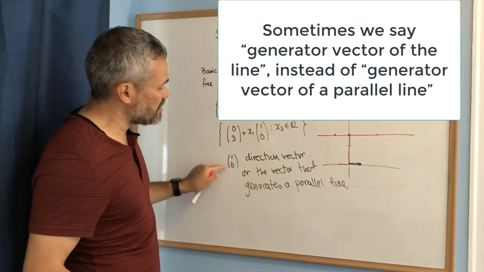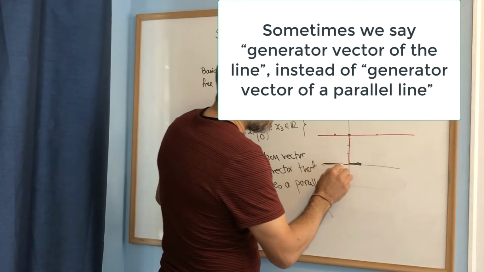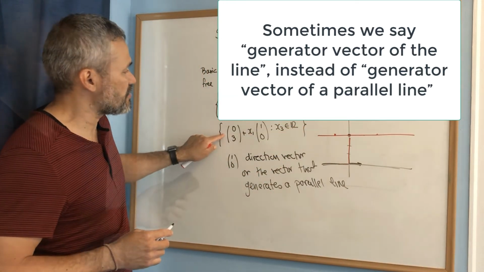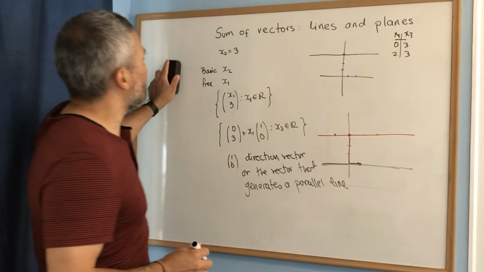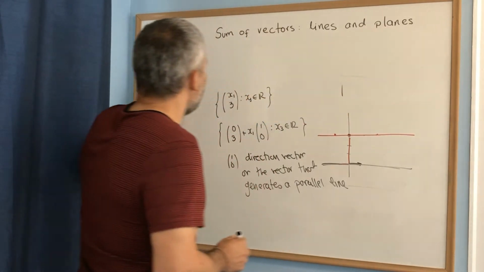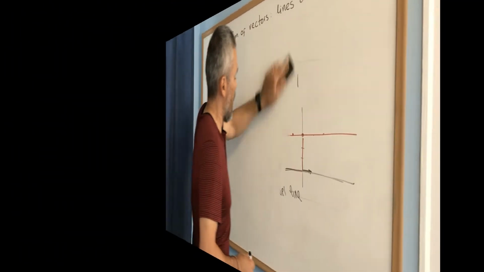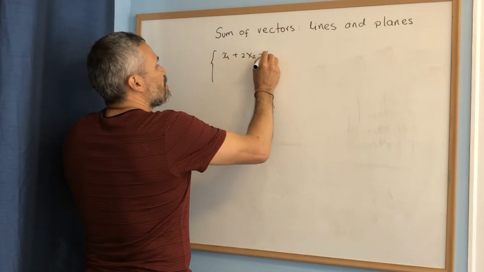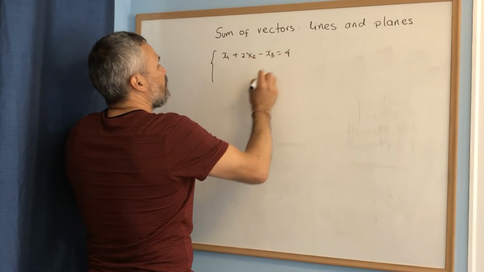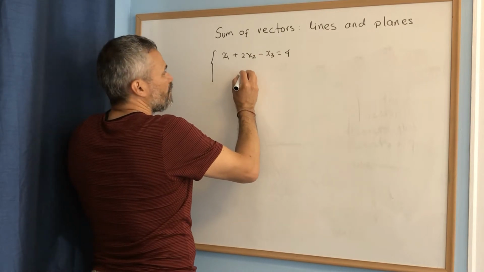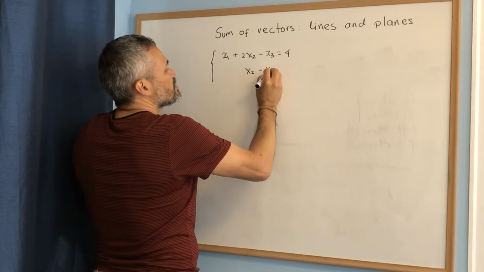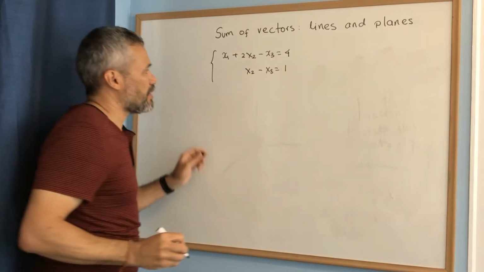Notice that the vector (1, 0) generates this line, which is parallel to the line that we are describing. Notice that using the same principle, we have x1 plus 2x2 minus x3 equals 4. And let's suppose that we have x2 minus x3 equals 1.